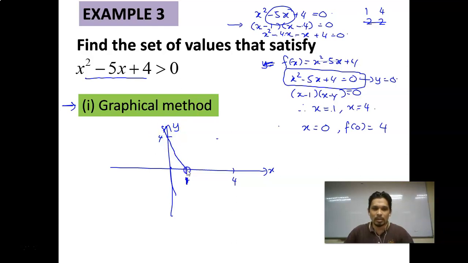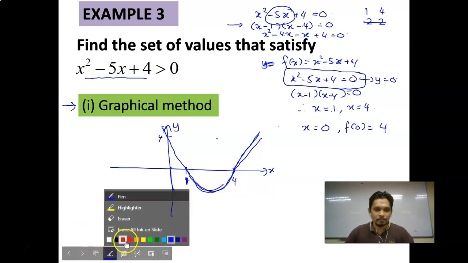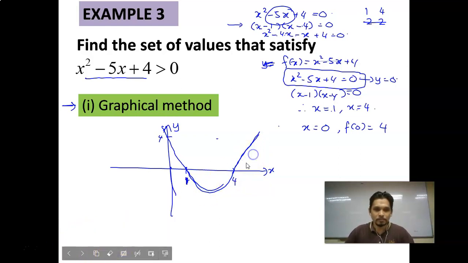Okay, I sketch this freehand, so it might not be really smooth. Sorry. There you go. It's okay.